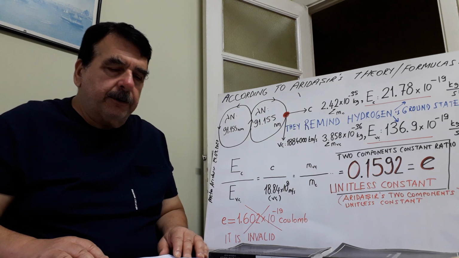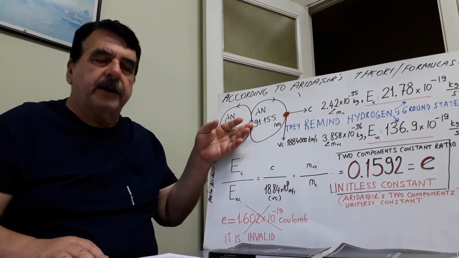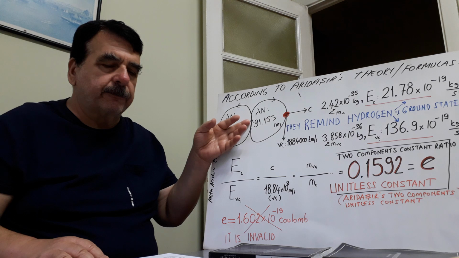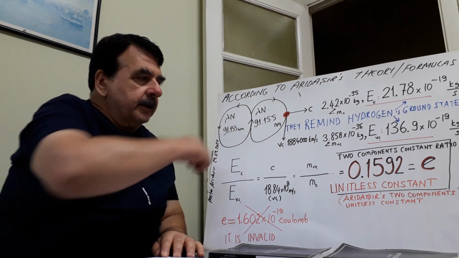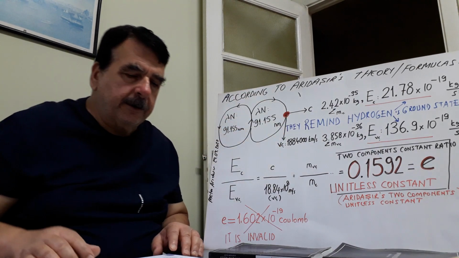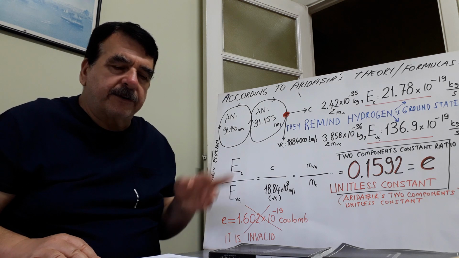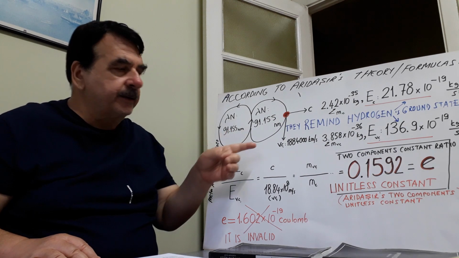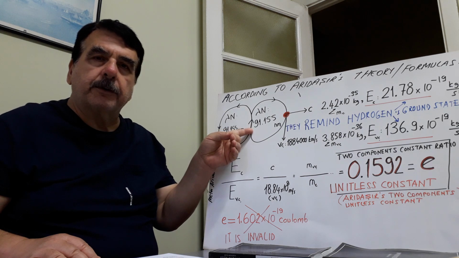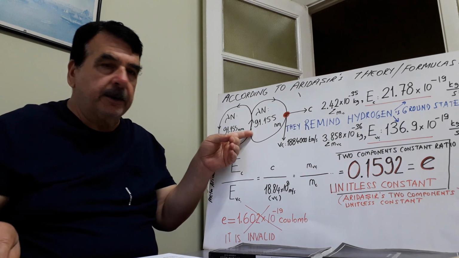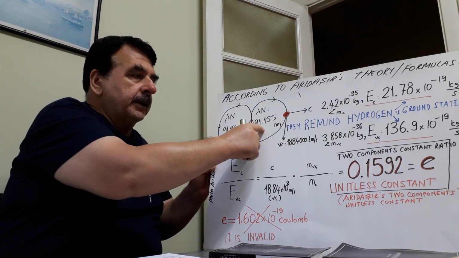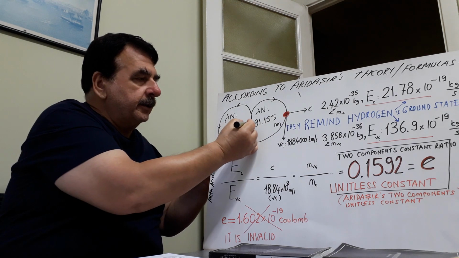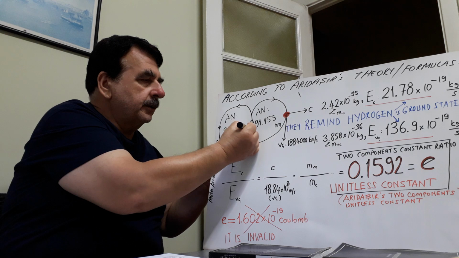An undisturbed 91.155 nanometer wavelength electron motion form in each hydrogen atom continues its cycle of spherical ring-shaped motion at its initial wavelength 91.155 nanometer. Yes, now this is free electron motion form at this wavelength, but now think as if this is proton.